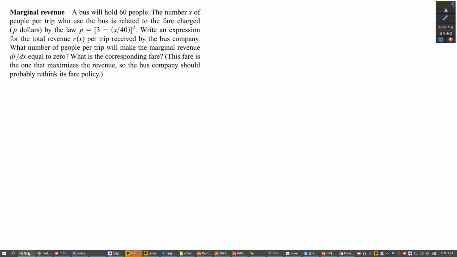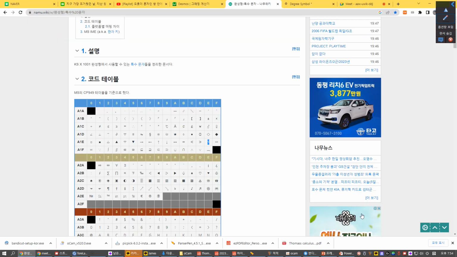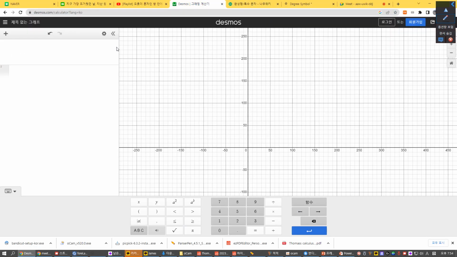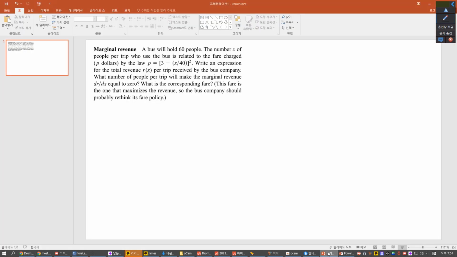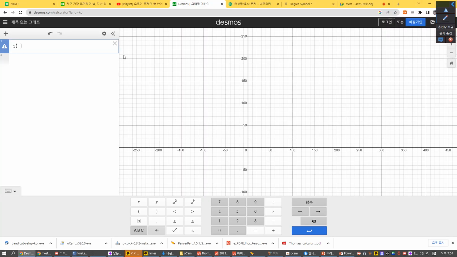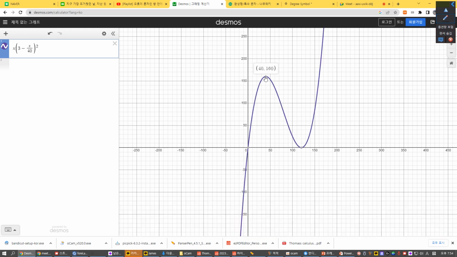So let's make the graph for the revenue. So the maximum occurs at 40 people, and the maximum revenue is $160.